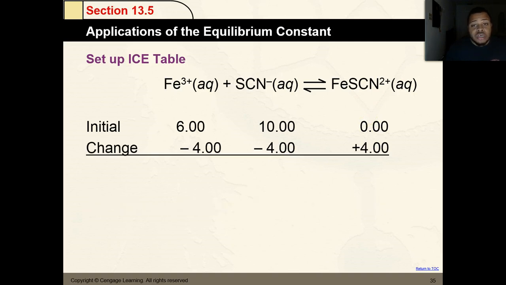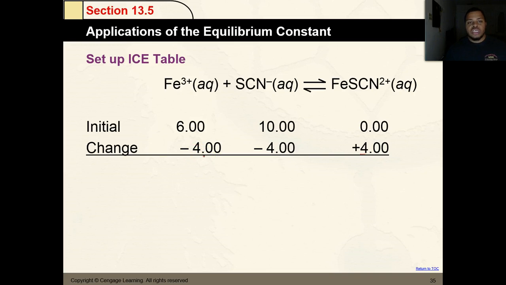There's going to be a change though. We know that in the end we have a 4 molar solution of our iron thiocyanate that's actually there and waiting. Now, the shift or the change had to be the same across the board. So since we gained a 4 molar solution here, that means that we had to lose 4 molar on the other side. That's our change, that's our shift.